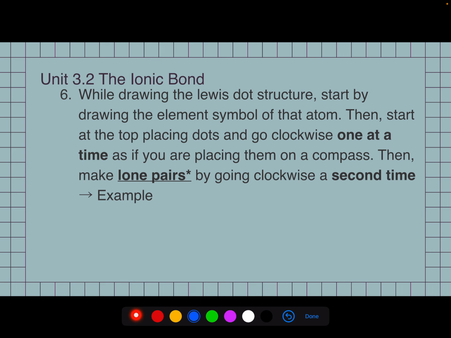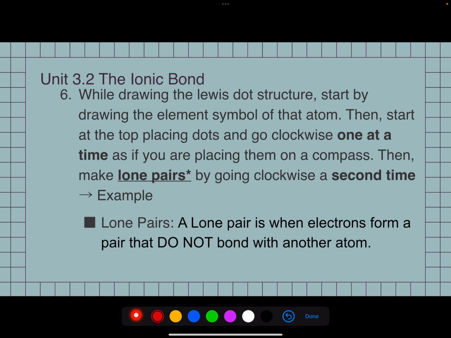Now, you see here where we have an underline, bolded, with a little asterisk. This is a new vocab word, so make sure you have your vocabulary notes out. Your vocabulary word is lone pairs.